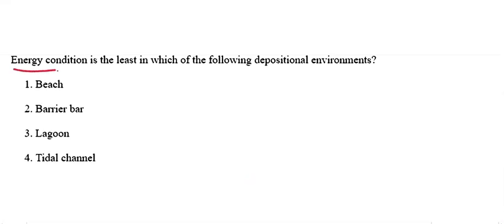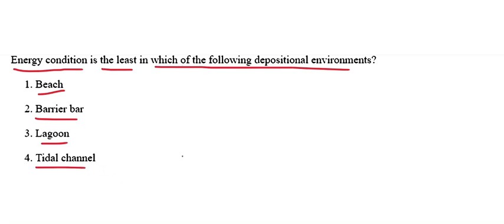Next question is: energy condition is the least in which of the following depositional environments? We have beach, barrier bar, lagoons and tidal channel. Tidal channels are the area where we get high tides and low tides.